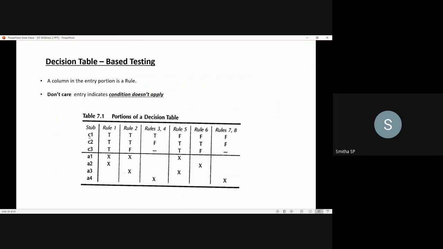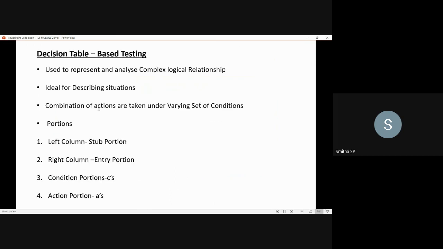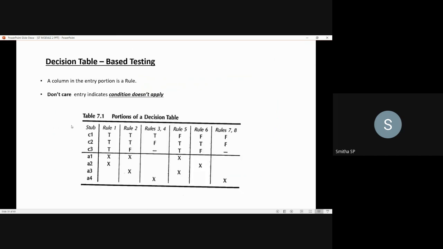Here you can see that in the stub portion column, these are the condition portion, and a1, a2, a3, a4 are the action portion. The actions are taken based on the set of conditions. That's what it says here: a combination of actions is taken under a varying set of conditions. Based on these conditions, you take the necessary action for the situations. This is how the decision table looks.